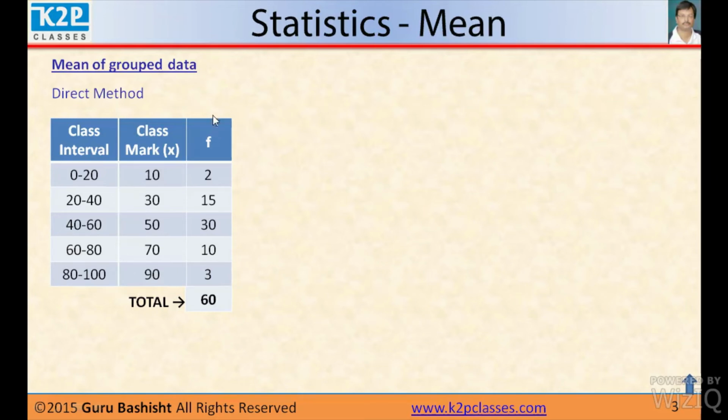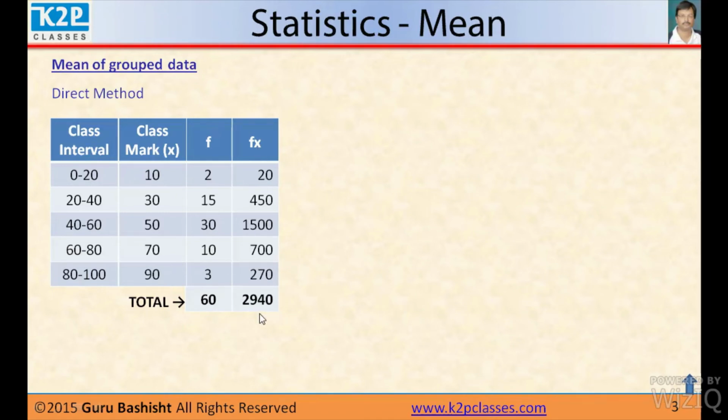We can find out the mean of this group data through our previous formula. What is the previous formula? Mean equal to sigma fx by sigma f. So sigma fx: 10 into 2, 20; 30 into 15, 450; and so on.